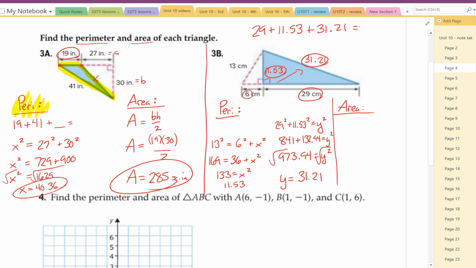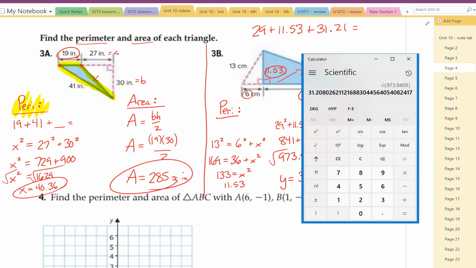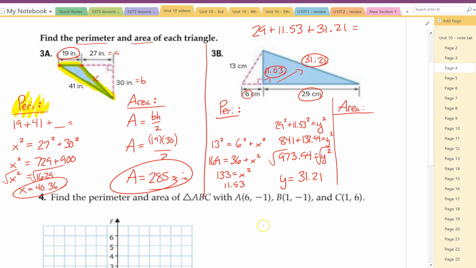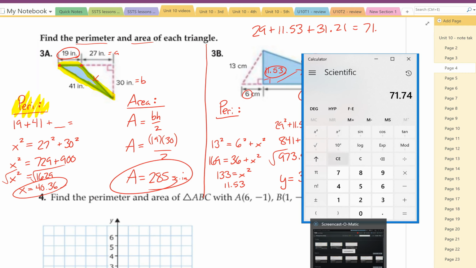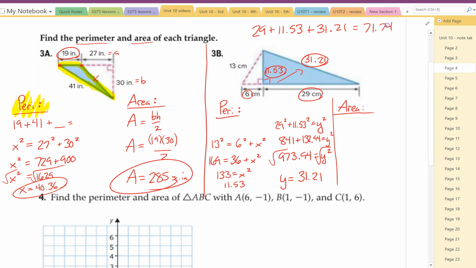That's going to tell me the perimeter, in other words, the distance around the triangle. 29 plus 11.53 plus 31.21 is 71.74. So the distance around the triangle is 71.74 centimeters in this case. So that's my answer for perimeter.